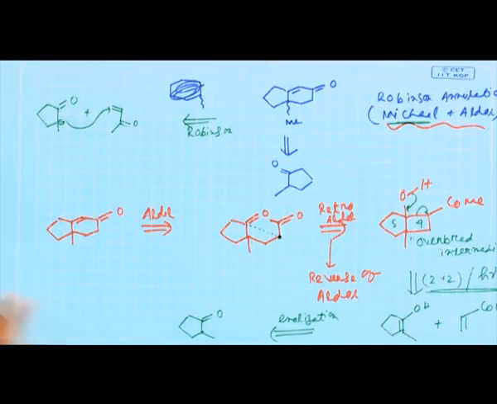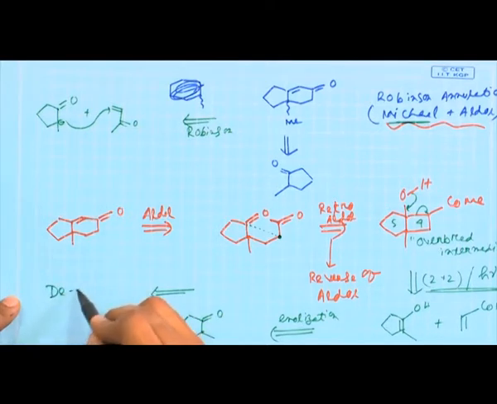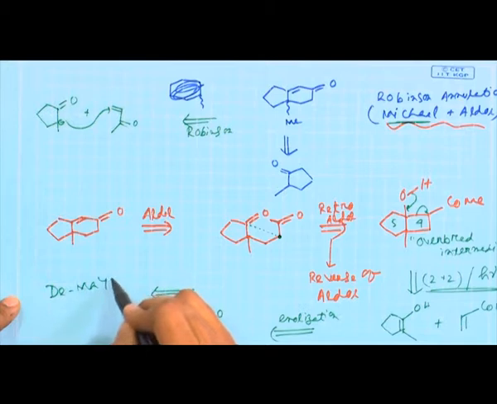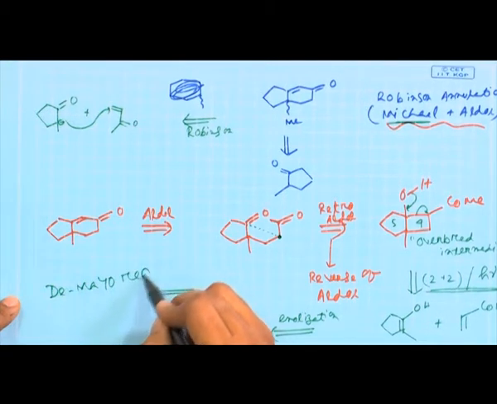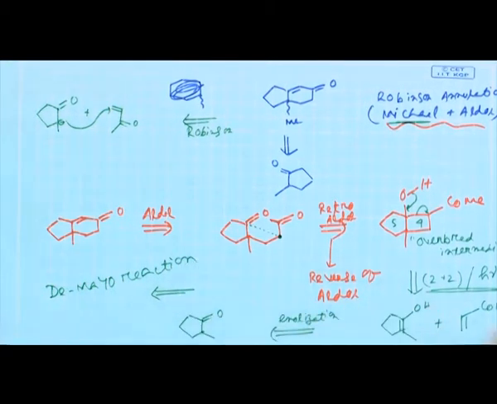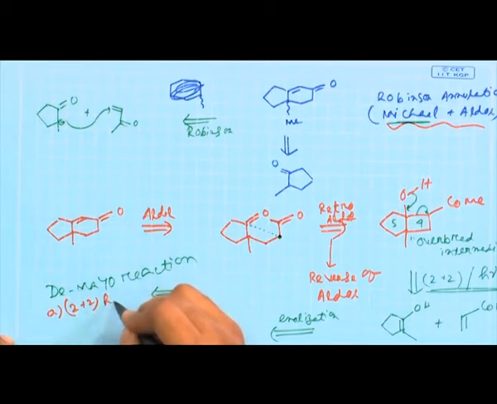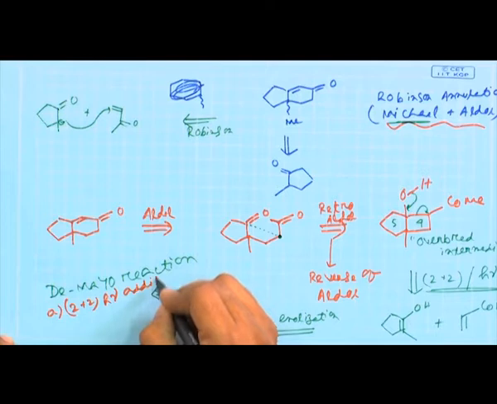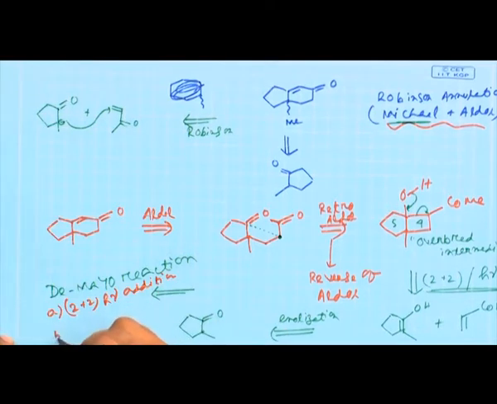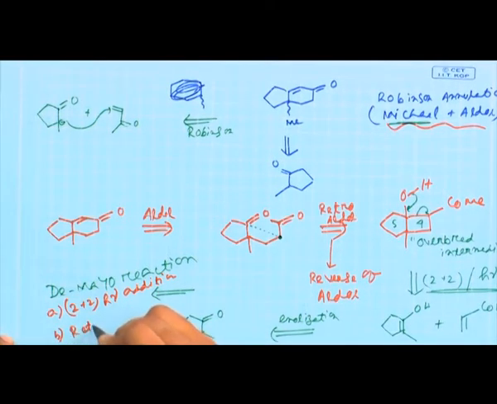Okay. Now, eventually this reaction is known as the De Mayo reaction. What is the De Mayo reaction? The De Mayo reaction is basically a combination of 2+2 photocycloaddition, photochemical addition I say, and a retroaldol reaction.